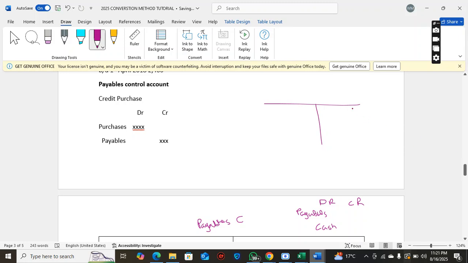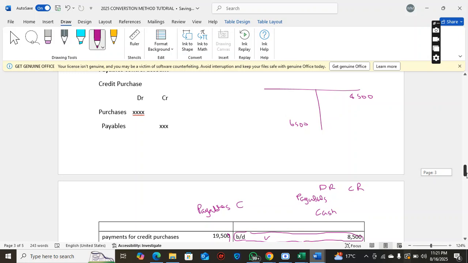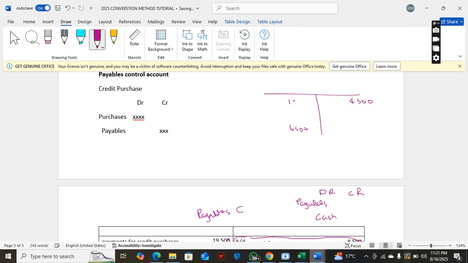We have 8,500 here. We have 6,500 here. And we have 19,500 here.